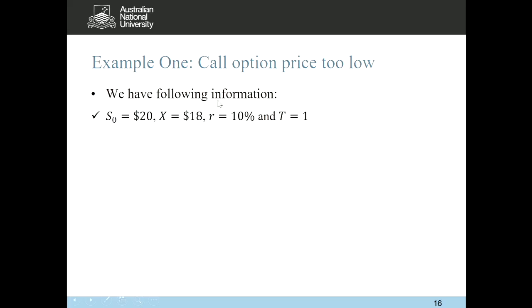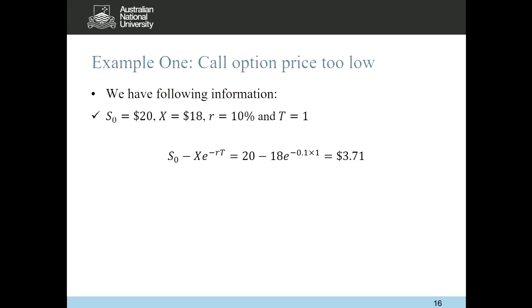So we plug these into the lower bound equation: 20 minus 18 times e to the power of minus 10% multiplied by 1 year. And we work out that the minimum price for this European call option should be $3.71. Right? So the minimum price for this European call should be $3.71.